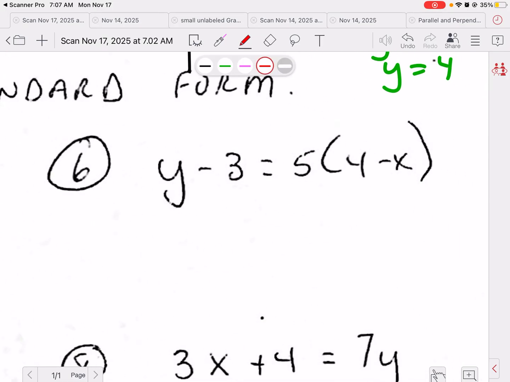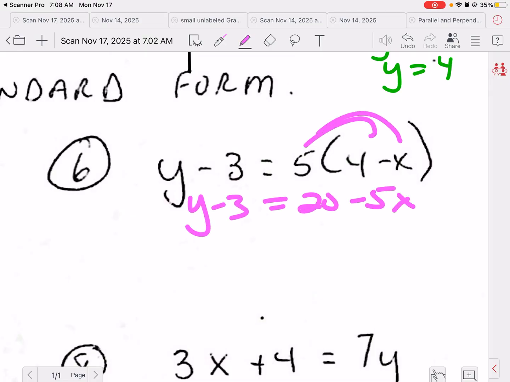Here I need to distribute first. So we have 3y minus 3 equals 20 minus 5x. I'm going to add the 3 over, as we want the constants on that side.